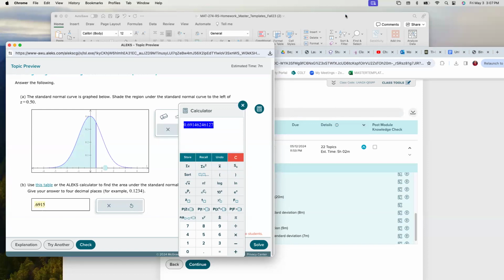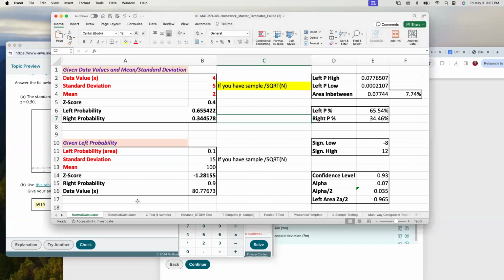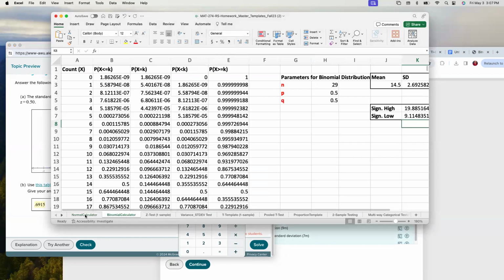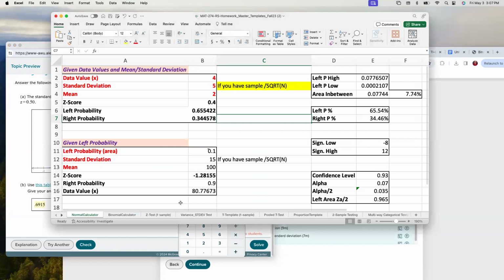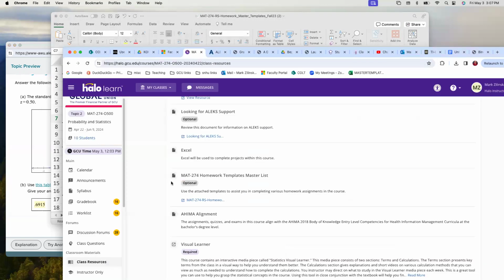And then we can also use the normal calculator. If you saw the other video on the binomial, we were dealing with that. Where that is found is if you just go to your class resources. There is a link right here to download that Excel file.